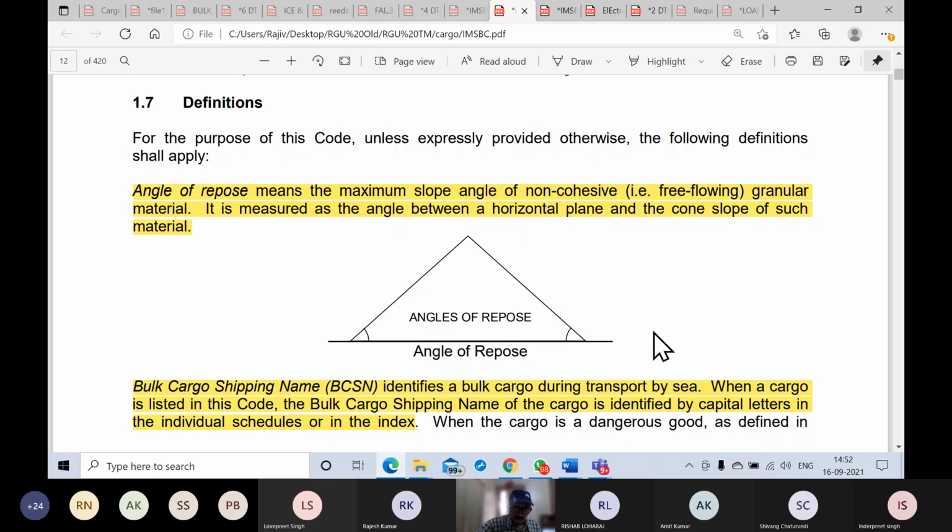Obviously, when this cargo is listed in the code, the bulk cargo shipping name is identified by capital letters in the individual schedules of the index, which we have seen examples.